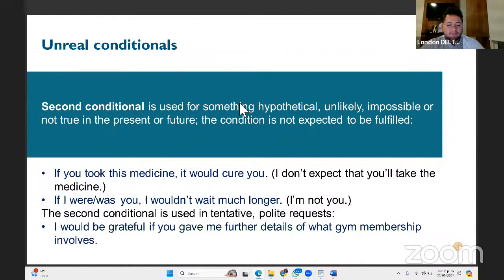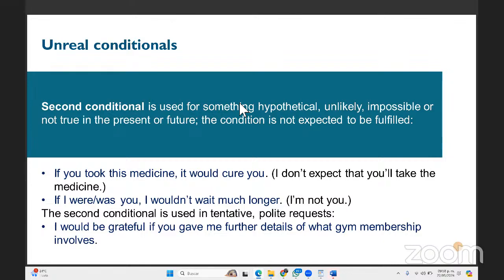If you took this medicine, it would cure you. I don't expect that you'll take the medicine. If I were you, I would wait much longer. I'm not you.